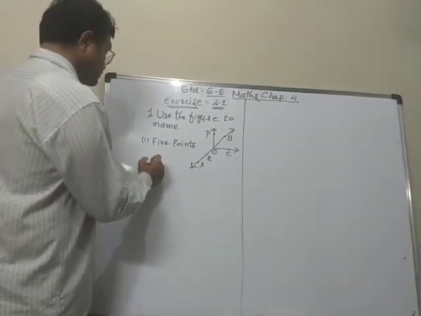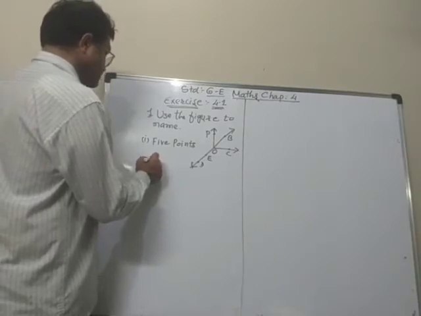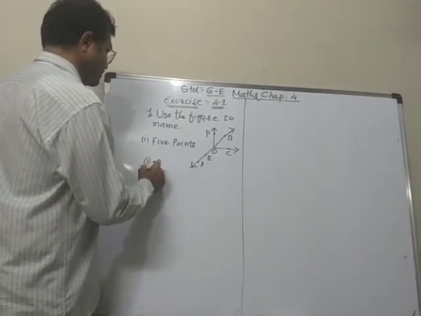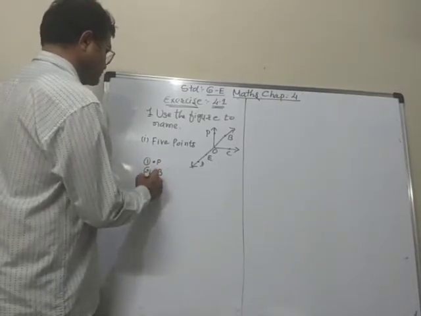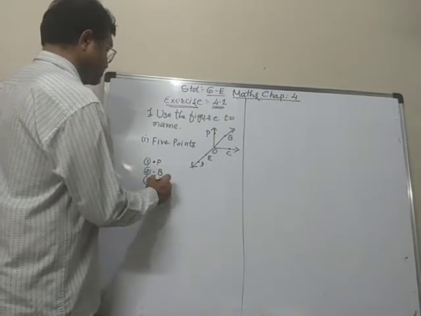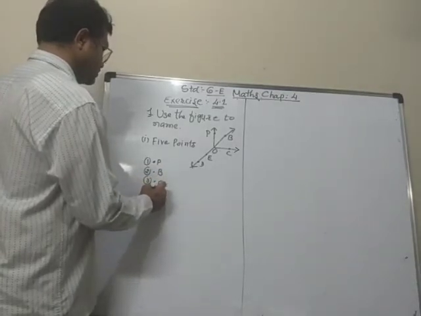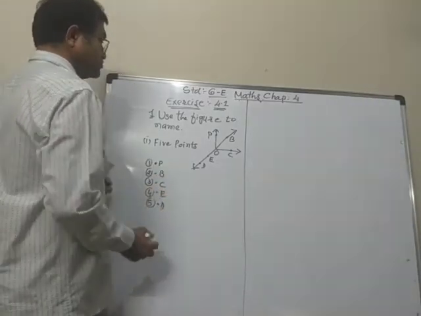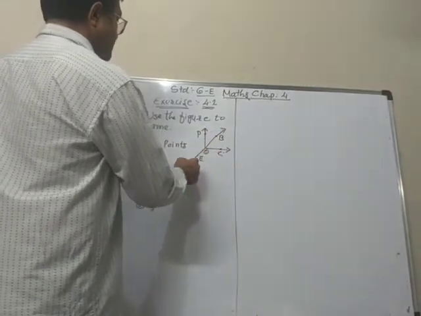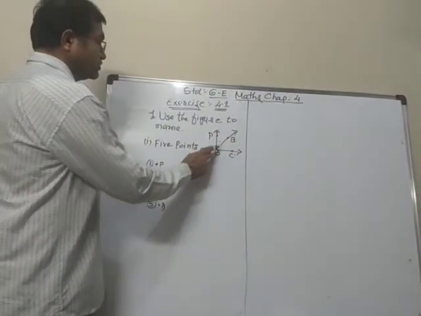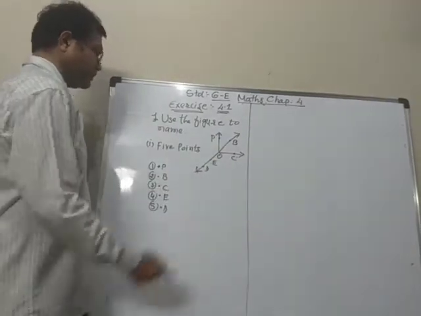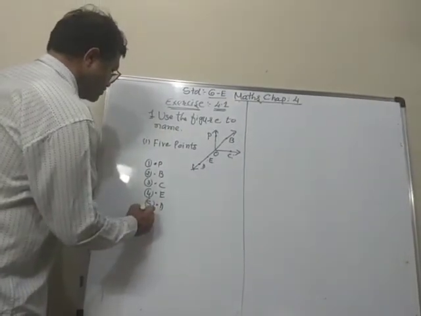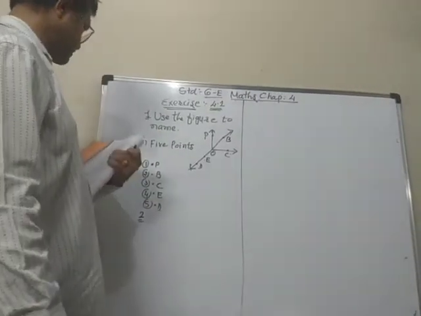So first, point P, second, point B, third, point C, fourth, point E, and fifth, point D. Here we can take any of those points. There are 1, 2, 3, 4, 5 and 6 points given, so you can take any 5 points. So it is a very easy question.